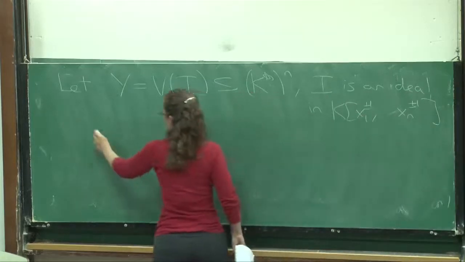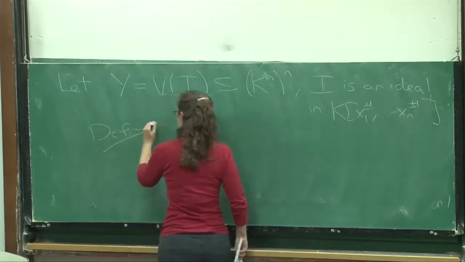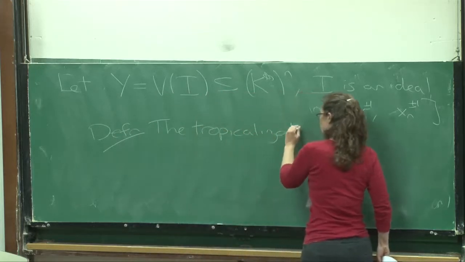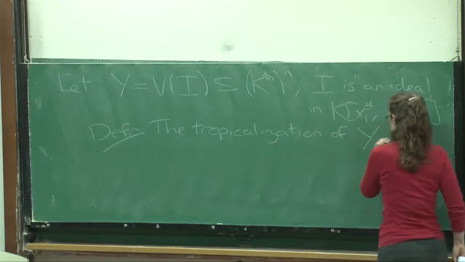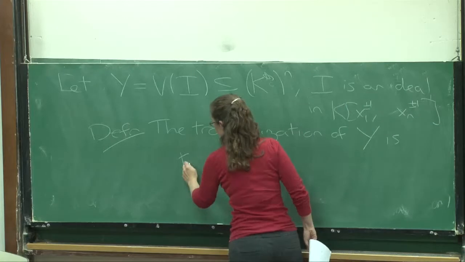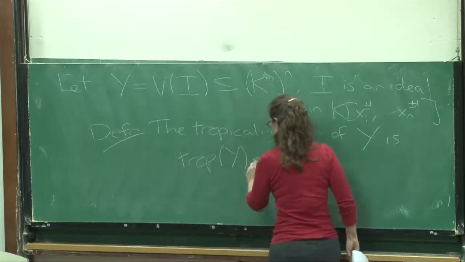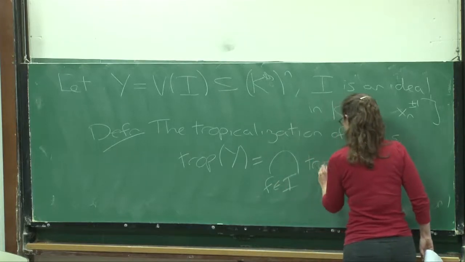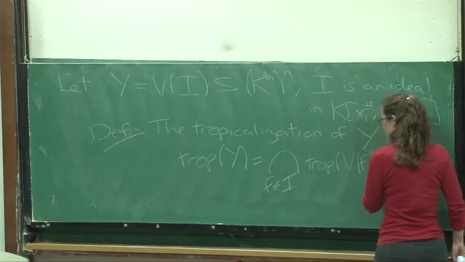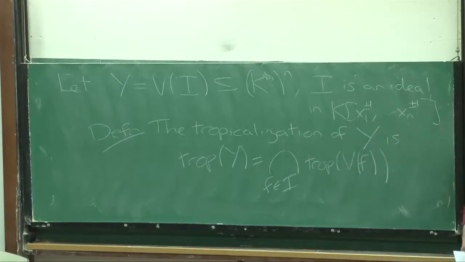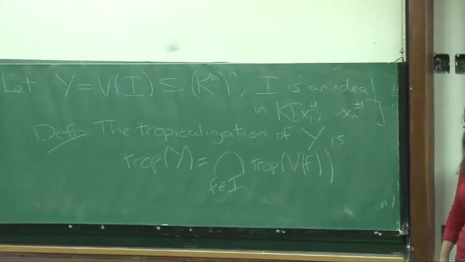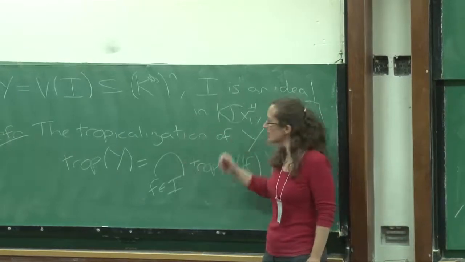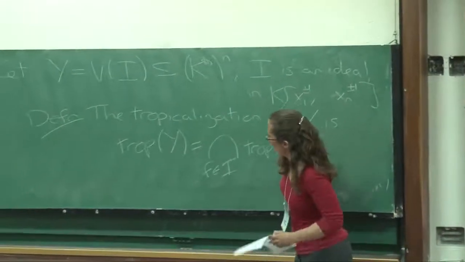So now trop Y, the tropicalization of Y, is going to be the intersection over all f in the ideal of trop of V of f. Okay? So if I have a variety, it's the intersection of some hypersurfaces, I just intersect those. What we're saying here is that my tropical variety is the intersection of some tropical hypersurfaces.